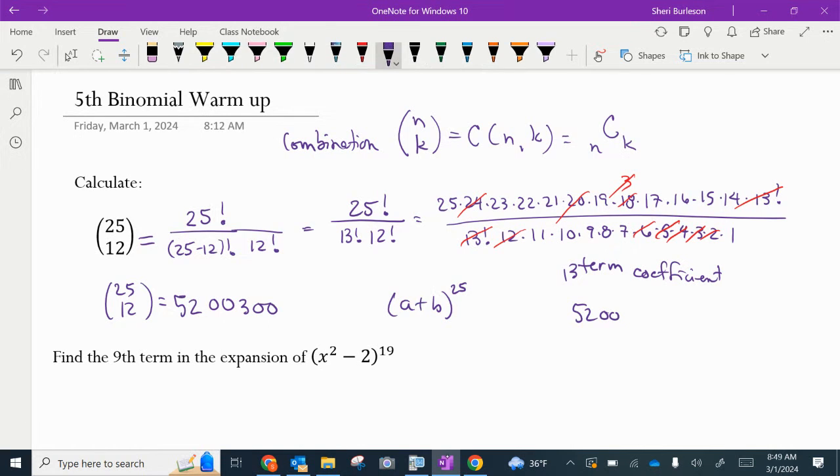Oops, two zeros, 300. There we go. And for anyone that watched the Pascal's triangle, we should see where this becomes inefficient to do that with Pascal's triangle. Okay. Any questions on the calculation for combination?